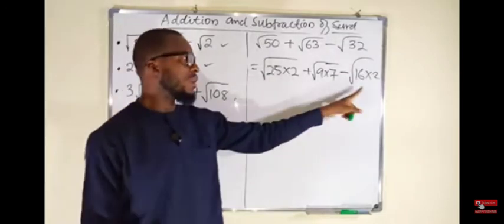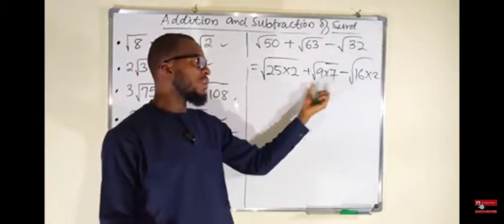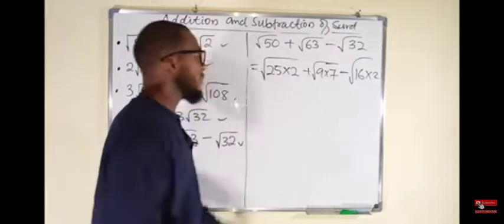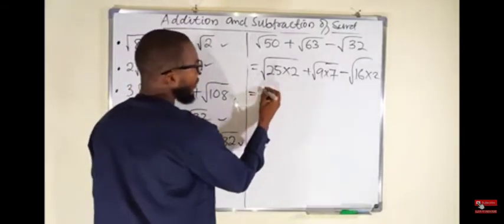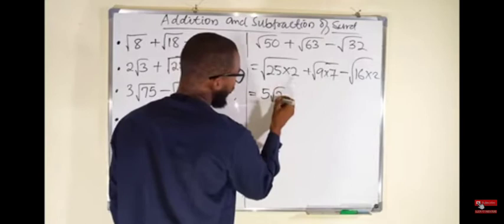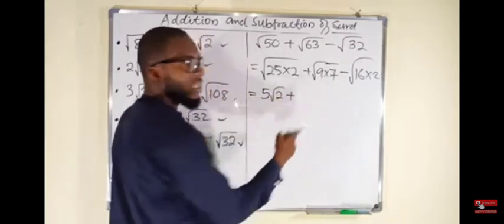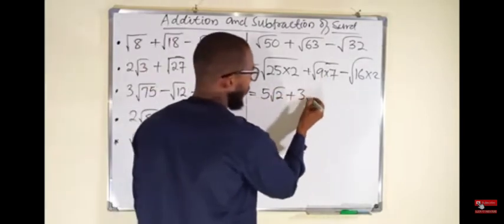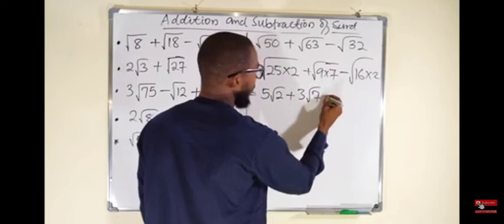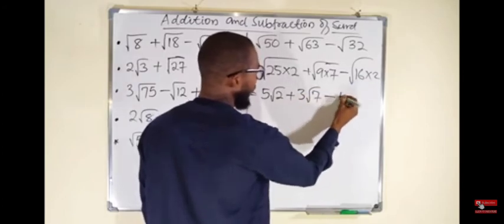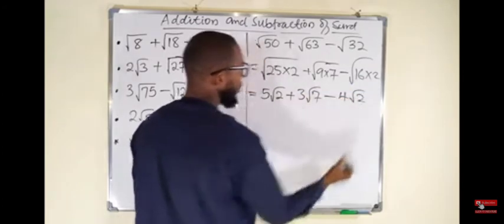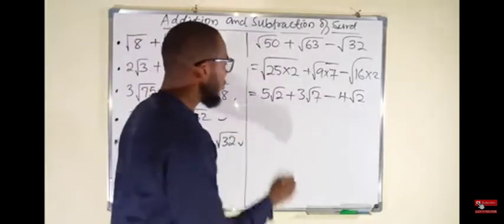So you can see this one and this one are similar, but this one is not similar to these two other ones. Square root of 25 is 5, so we have 5 root 2, plus square root of 9 is 3, so we have 3 root 7, minus square root of 16 is 4, we have root 2. These two are similar, so we can bring them together.